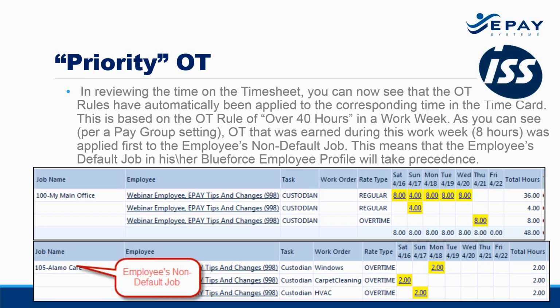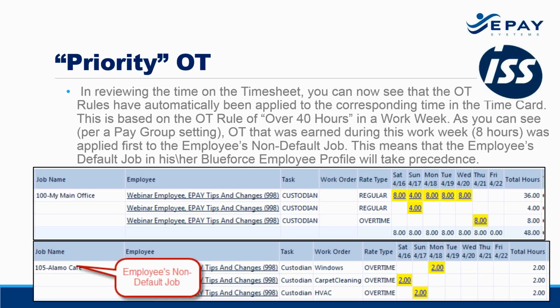And then he ended up working an additional 8 hours of overtime, which the system already applied all the overtime to the non-default job, so the remaining overtime goes to the default job. That's why you'll see in this scenario, we tagged those non-default jobs with the overtime on Saturday, Sunday, and Monday.